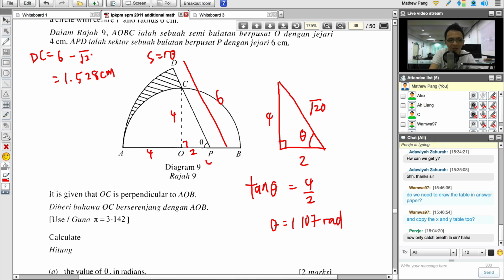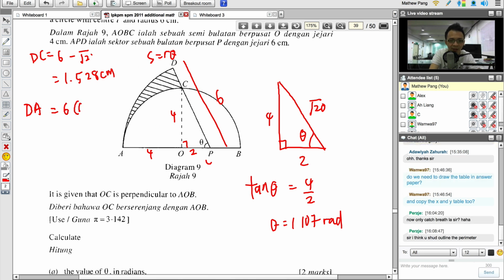So the arc length DA will equal r, which is 6, times theta, which is 1.107. So we just need to find AD, and AC plus CD is enough.